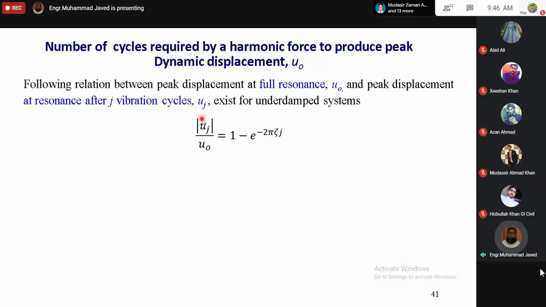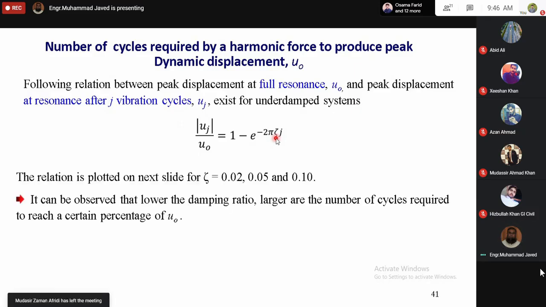For an undamped system, Uj is displacement after J cycles, U naught is displacement at resonance. Uj can be determined with the help of this equation, provided we have the damping ratio of the system. This equation is plotted for different values of damping ratio on the next slide.